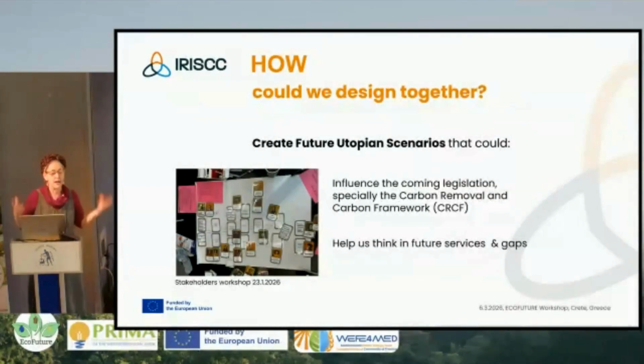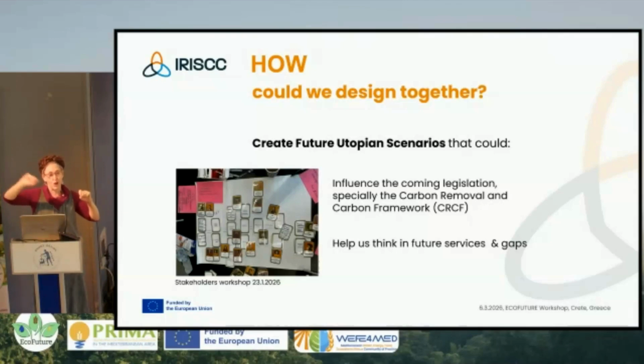So we have been creating future utopian scenarios. And when we talk about scenarios, I wanted to stop one second here, because when you have scenarios, you always predict things. For example, Jose in the morning was talking about scenarios, and our scenarios are narratives of how things can come. We just tell the story: this person needs that and is going to use it in that specific way.